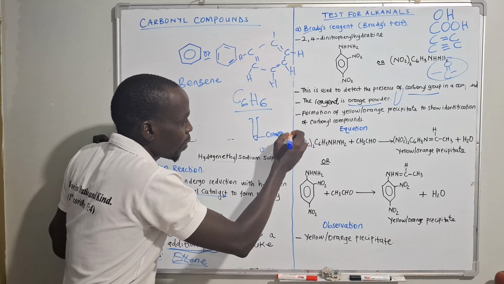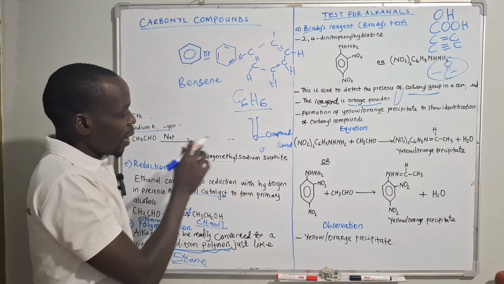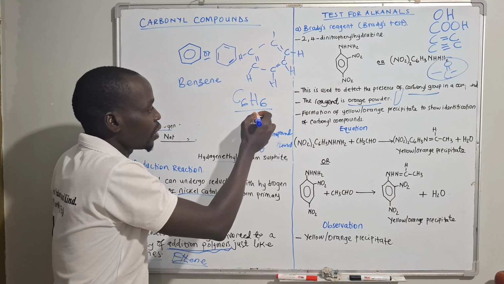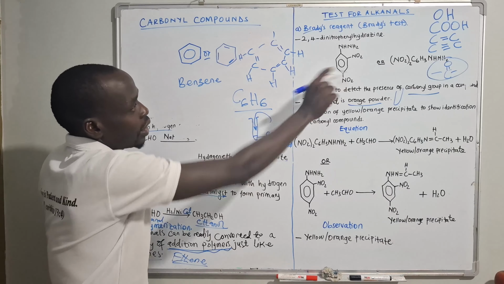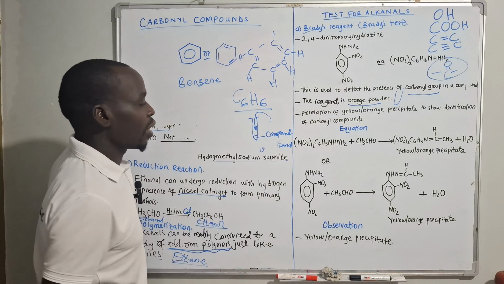Let's say it's an organic compound, and I don't know what functional group is there. But now you're using these reagents. You now get to put it in until it is in excess. Put, let's say, this reagent, 2,4-dinitrophenyl hydrazine. Put it here.